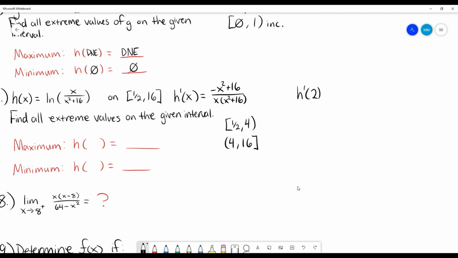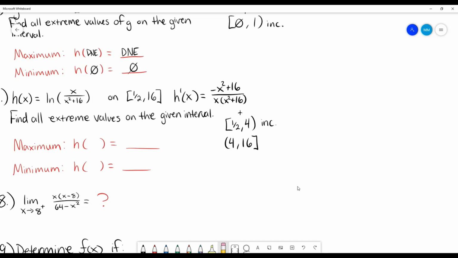Let's plug that into my derivative, see if it's increasing or decreasing. Well, that's going to be -4 plus 16 over 2 times 4 plus 16. So my numerator is going to be positive, my denominator is going to be positive. Therefore, on this interval, it's positive, and therefore increasing.